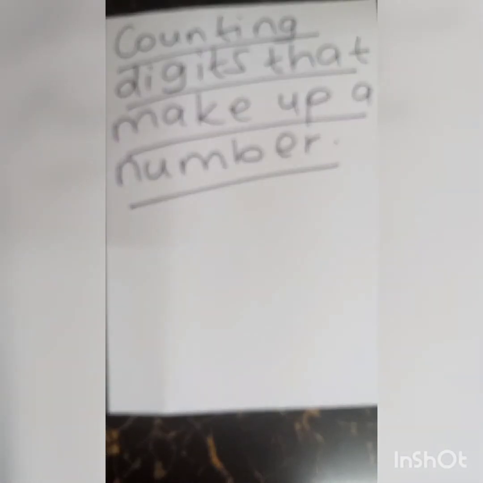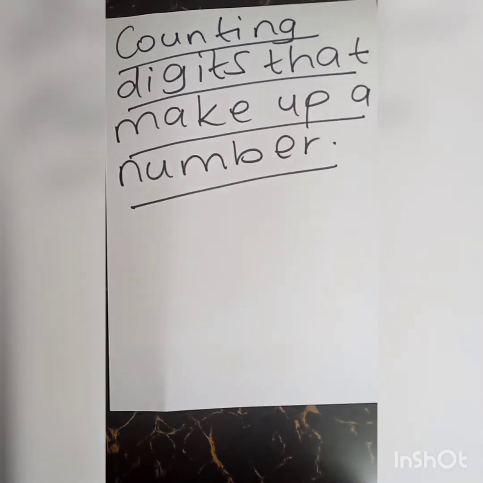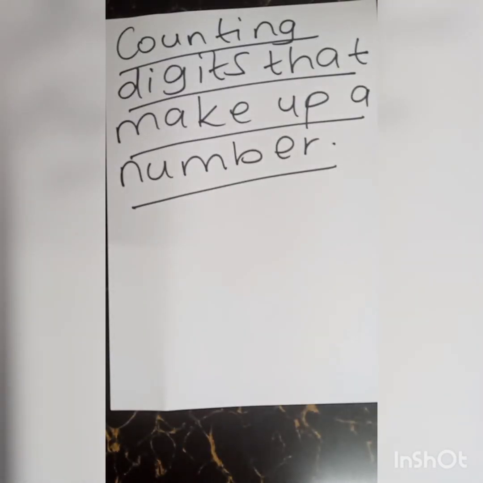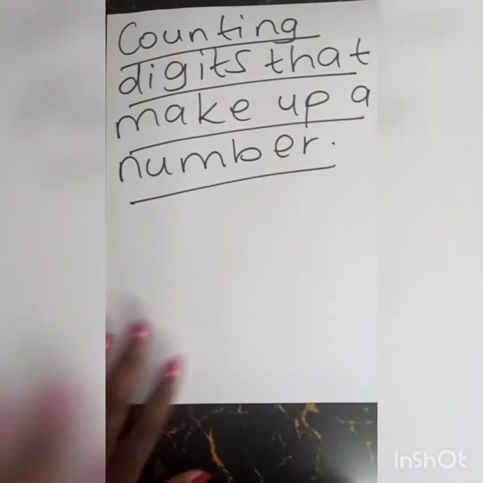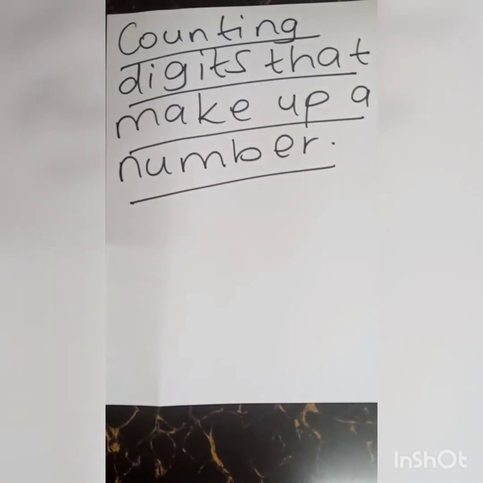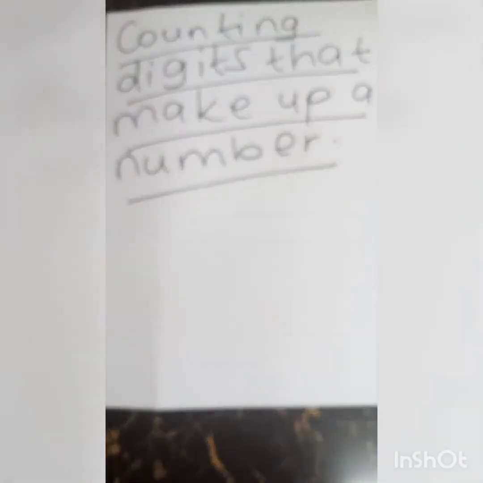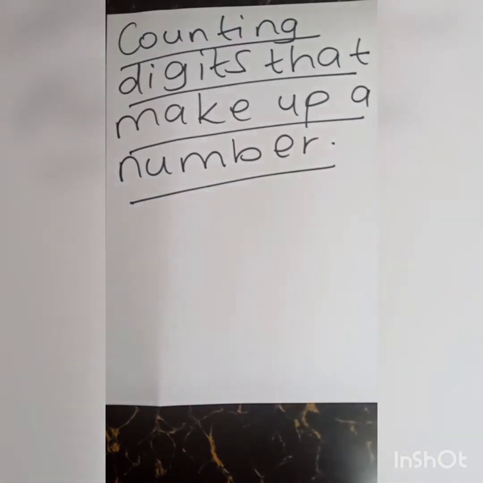When you're counting digits in a number, one thing you need to remember is that 0 is also a digit, okay? So let's look at some examples so that we can understand better, okay?